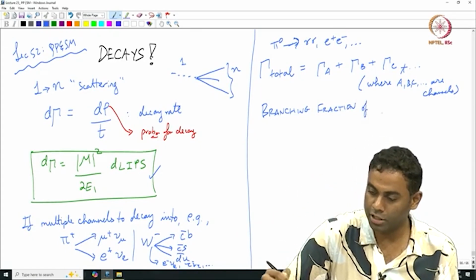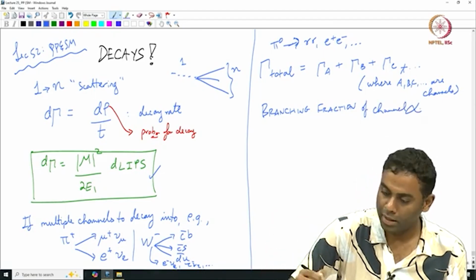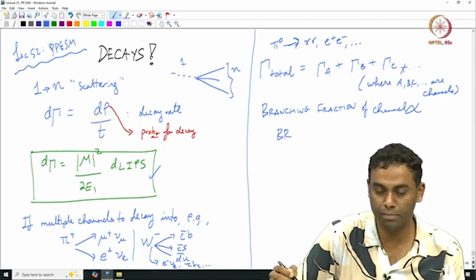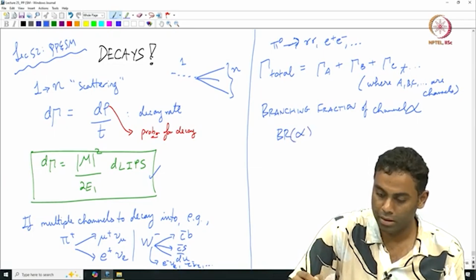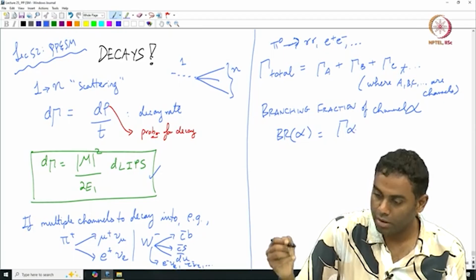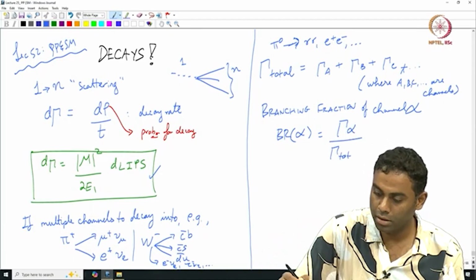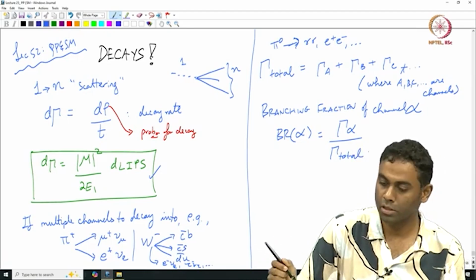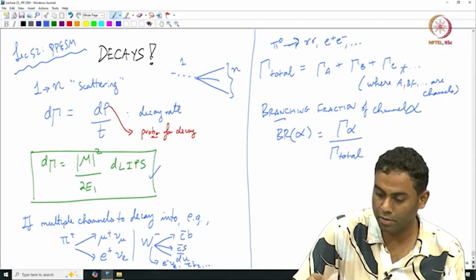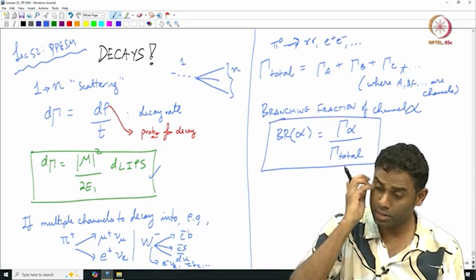So the branching fraction of a given channel alpha, also called the branching ratio, that's why I write BR, is the decay rate of that particular channel divided by the total decay rate. If I sum them all up, of course I have to get 1, right?